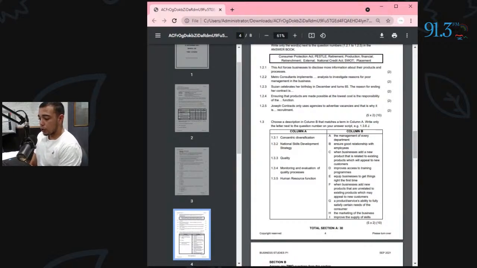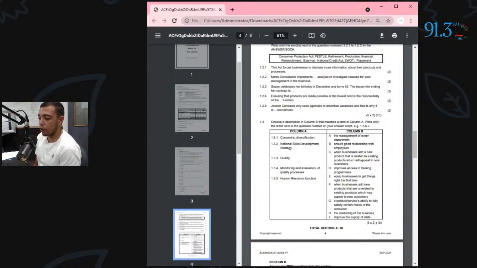1.2.3, Susan celebrates her birthday in December and turns 65. The reason for ending a contract is what? They're giving us 2 options, either retirement or retrenchment. So guys, you need to know that retrenchment is when the business lets you go because they don't have any work for you, or they don't have enough money to pay you.